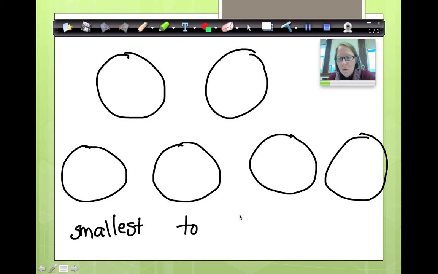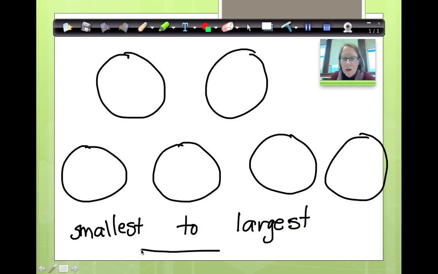Smallest to largest. Now, these are the fractions I want you to look at.